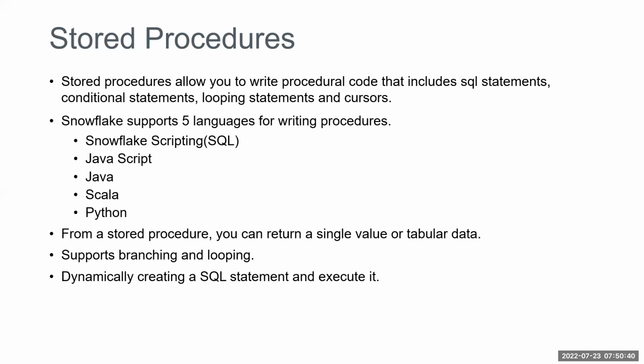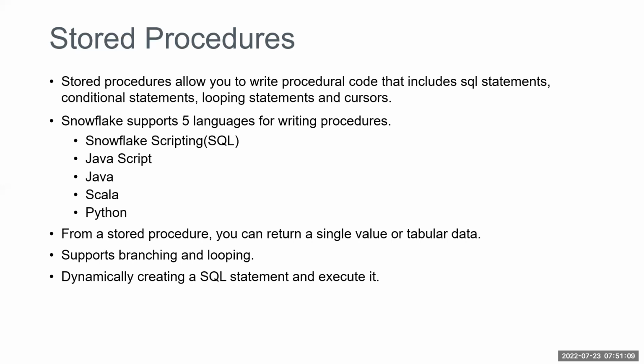So here not only SQL statements, but also we can manage conditional statements like if else, okay, looping statements like for loop, while loop, and even if we want to do row by row processing, we use cursors. So we can do anything. If I want to derive some functionality, if I want to calculate something, or if I want to process my data, we can create procedures with a set of statements.